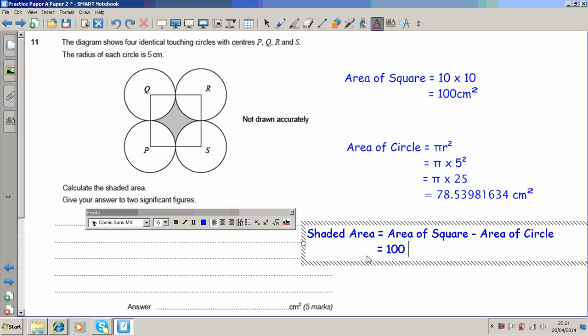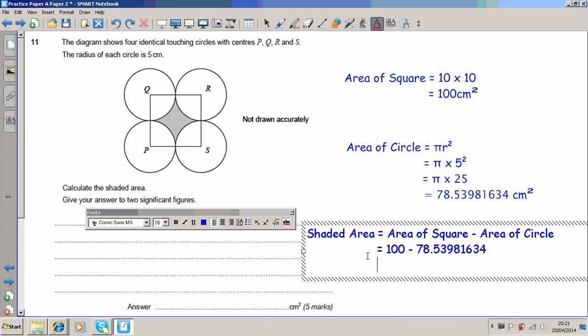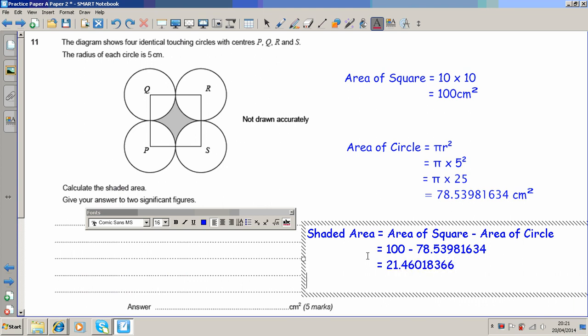So that's 100, take 78.53981634, which equals 21.46018366, which then, looking at the question, it wants to two significant figures, is 21.